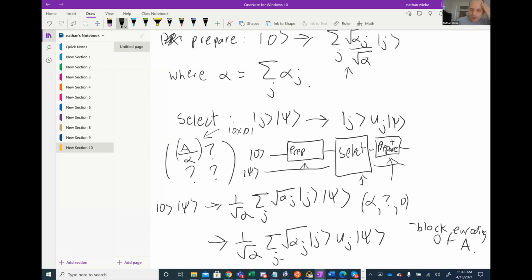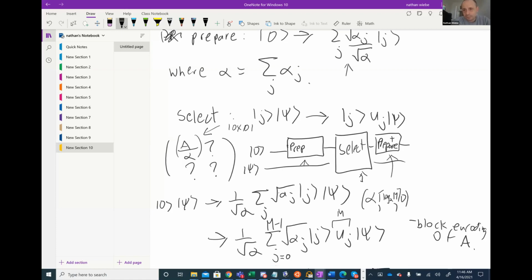But if we have, say, m terms in here, then the number of extra qubits we need in order to specify all m unitaries is just going to be the ceiling of log base 2 of m. So you can see that we don't need very many extra qubits in order to do this. So it's a very efficient technique.